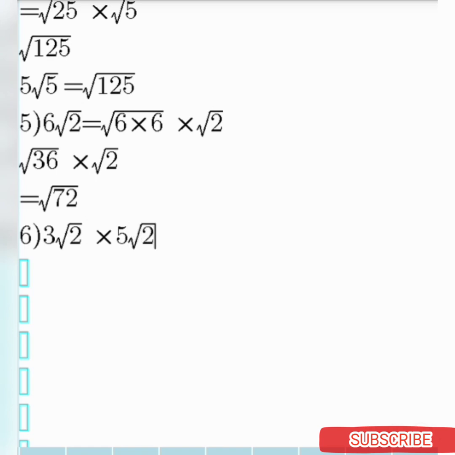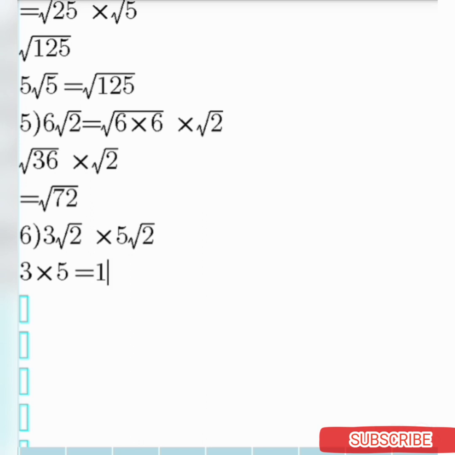They told you to express this as a single surd. Okay, expressing this 3 root 2 times 5 root 2, you don't need to bother yourself. The only thing you need to do here is multiply your 3 by 5, by saying 3 times 5, which is equal to 15.